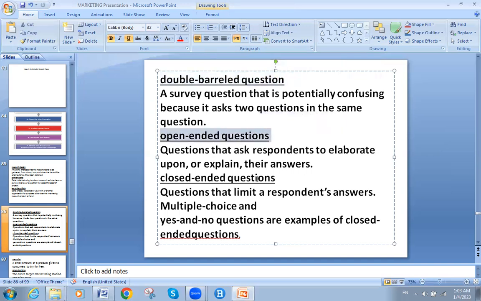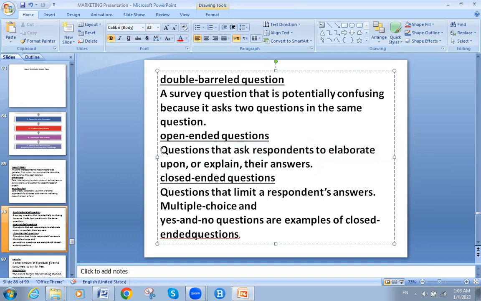Open-ended question: when you leave respondents a chance to write their answers, we call it an open-ended question. These are questions that ask respondents to elaborate, explain their answers, or give ideas or suggestions.